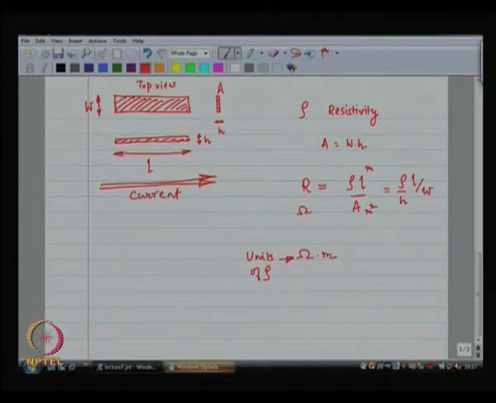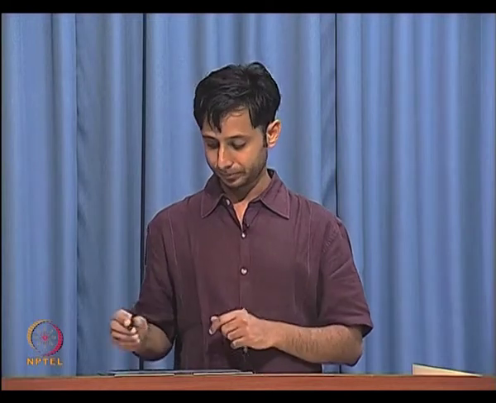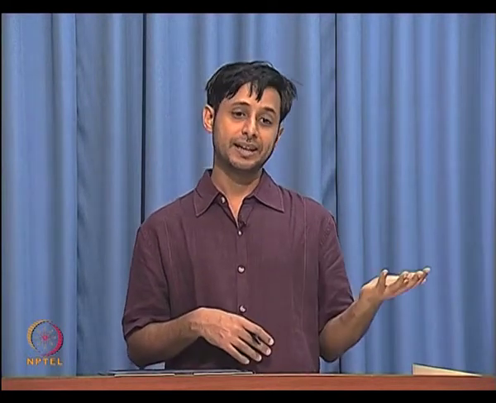You will be told by the foundry that the resistivity of the material that you are going to use is so many ohm meters. You can use anything, let us say a piece of metal can also be used to make a resistor. How will you do that? All you need to know is the resistivity of the material and you are done.